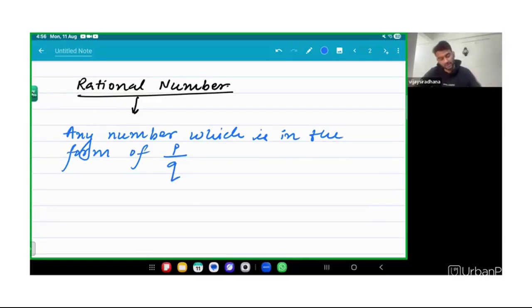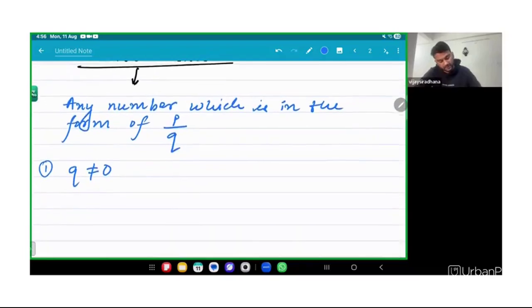What are those conditions? Condition number one, Q should not be equal to 0. I'll tell you why. The second one is that P and Q are co-prime.